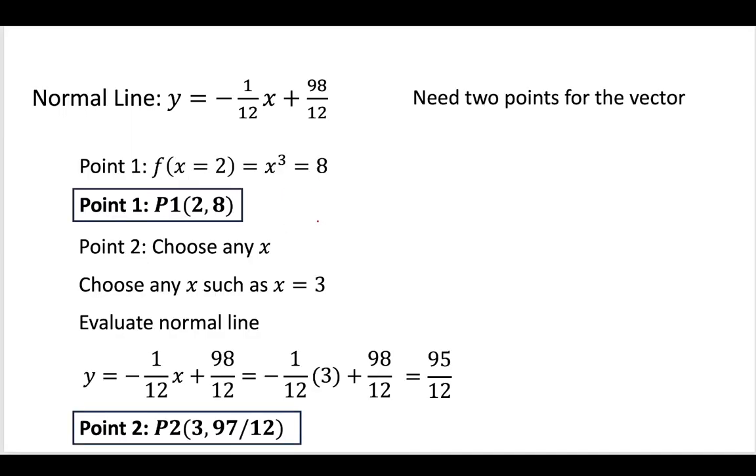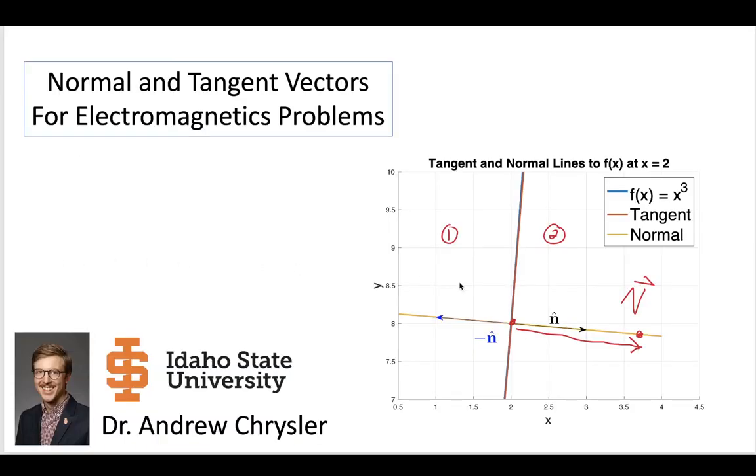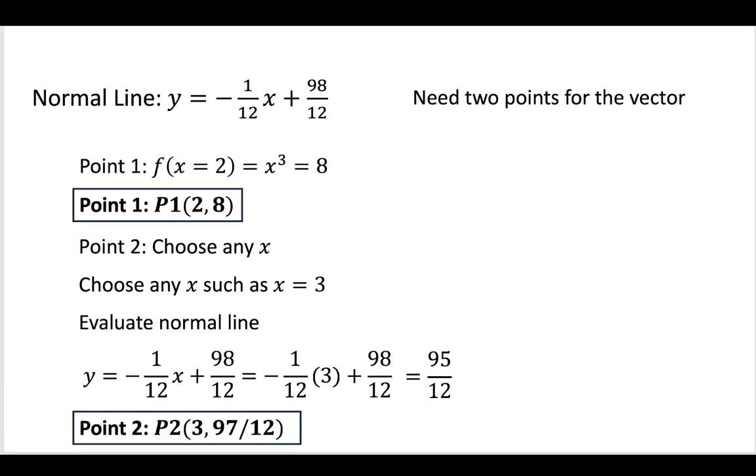So let's choose a couple of points. Choose point 1, and we're going to choose the point that we've chosen for all of our other parts, which is when x is equal to 2, f of x is equal to 8. And then we just need to choose some other point here. For my example, I just chose x is equal to 3.